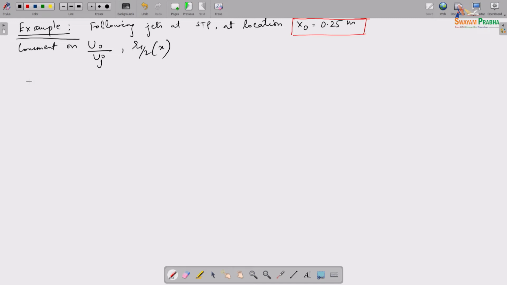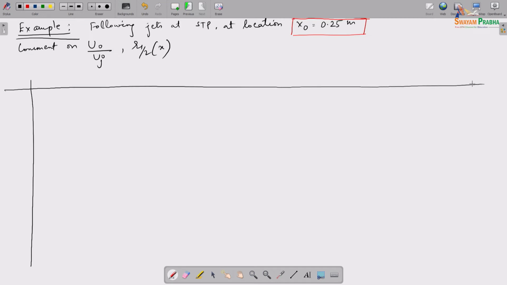I am going to tabulate this for easier reading. So this is fluid, like what fluid are we talking about? Then we have density rho in kg per meter cube.